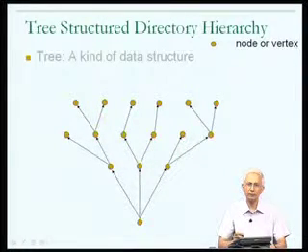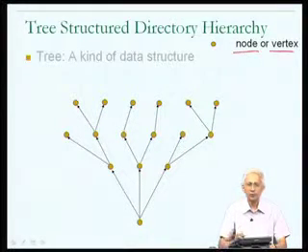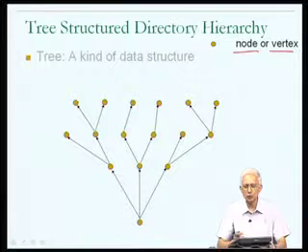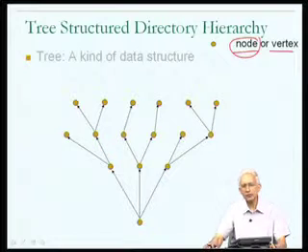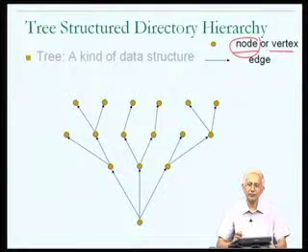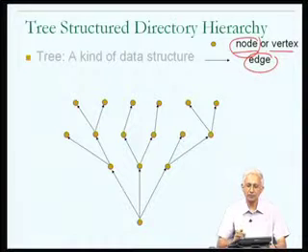The singular of vertices is vertex, so I use the word vertex or node. Basically, a tree is made up of nodes or vertices, and these are synonyms. I'll use the word node from now on. So the nodes of the tree are connected to each other by these directed arrows, by these directed lines, which are called edges. So we'll talk about the nodes and the edges of a tree.